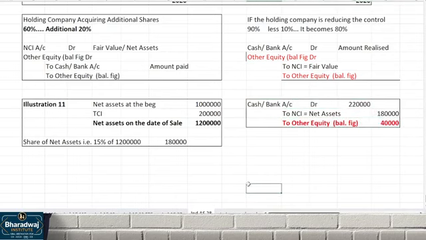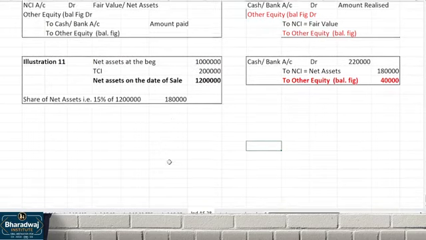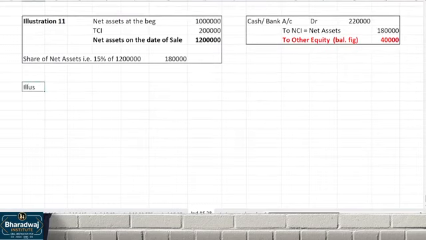Other equity. Go to illustration 10 next.